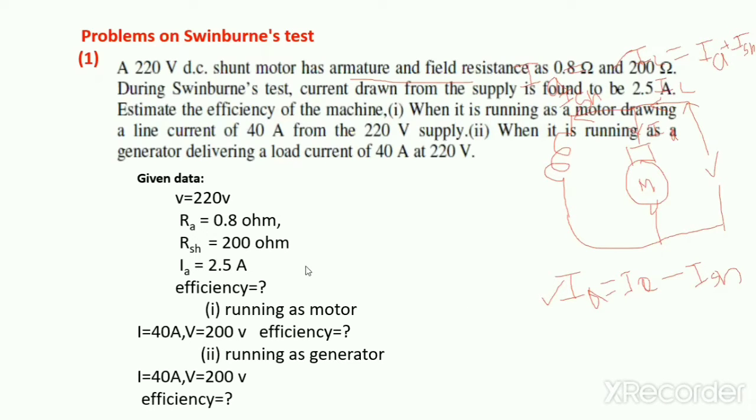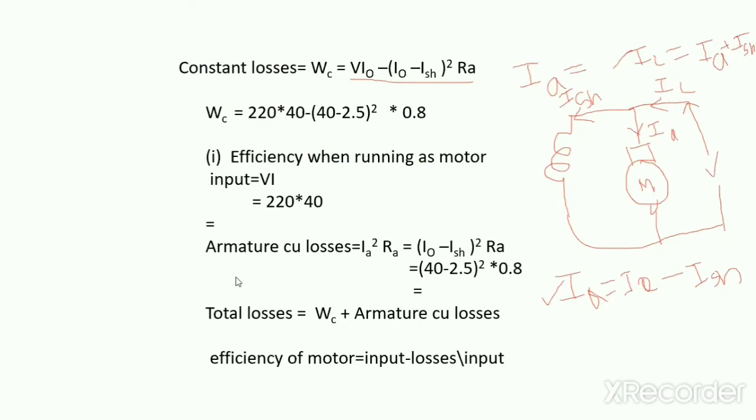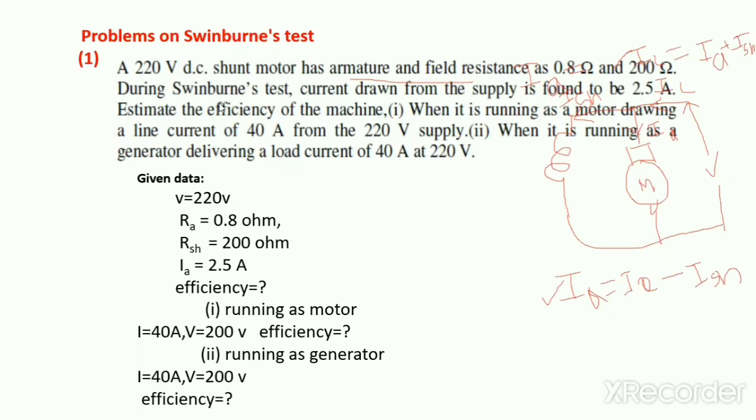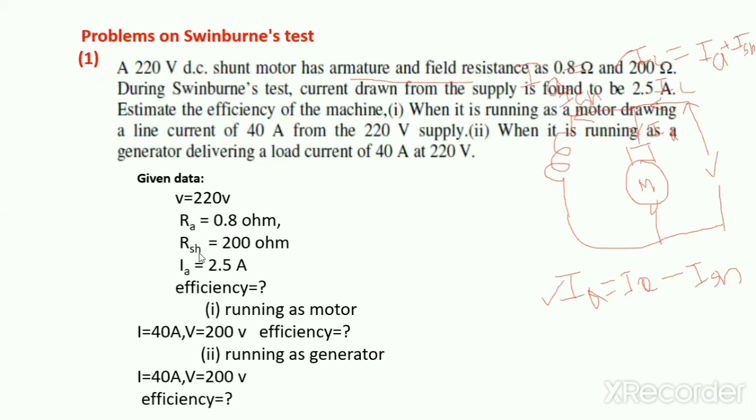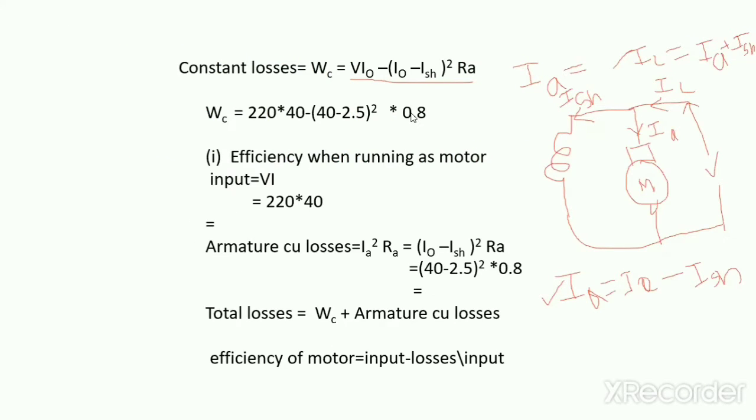IA is equal to I naught, the line current, and I naught is equal to 40 amperes. 40 minus ISH, which is 2.5, whole square into RA, the armature resistance, that is 0.8. Therefore RA is 0.8.